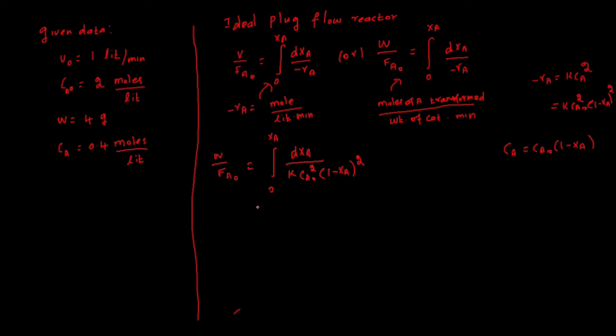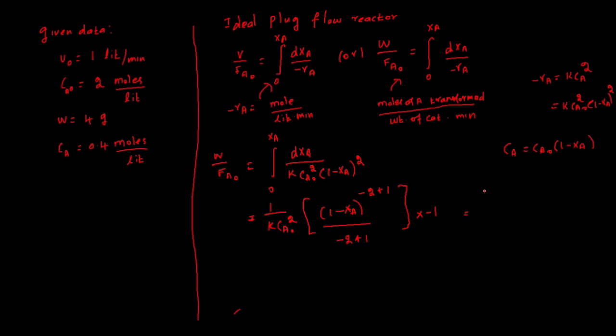Now let me integrate this equation. 1 divided by k Ca naught power 2, 1 minus Xa power minus 2 plus 1 divided by minus 2 plus 1 multiplied by minus 1.